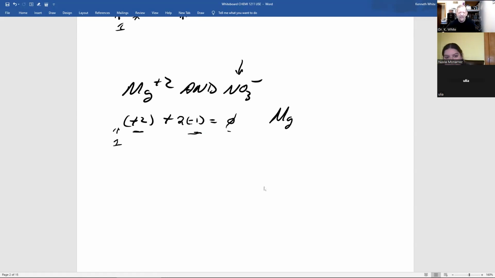But now I have a polyatomic ion. When you have more than 1, in this case we need 2, use a bracket, write the ion. You don't have to show charges in an empirical formula.